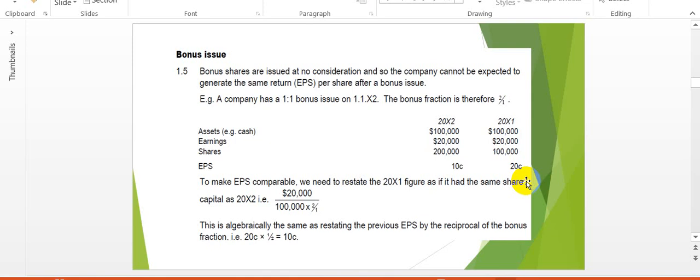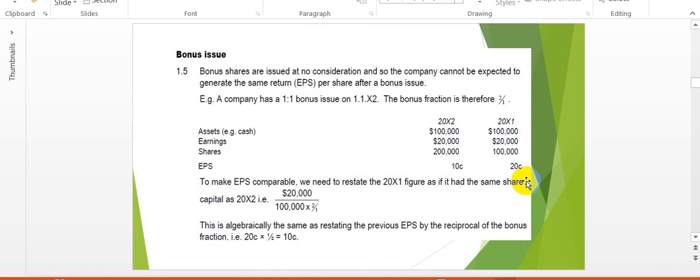Most students struggle with this 1 for 2, 1 for 3. Please try and understand it. It may not come in EPS, it may come in consolidation when you are paying your consideration for shares through a share issue.